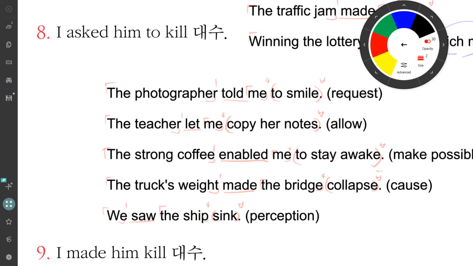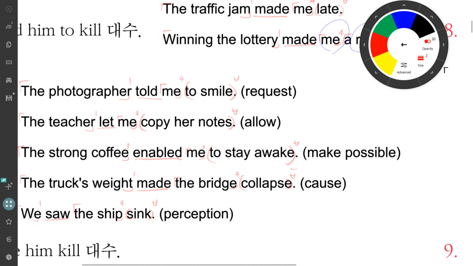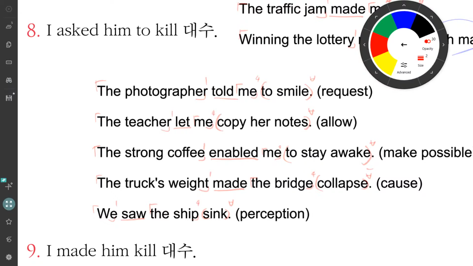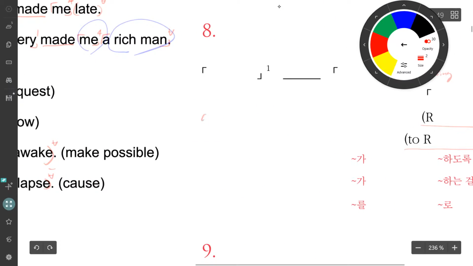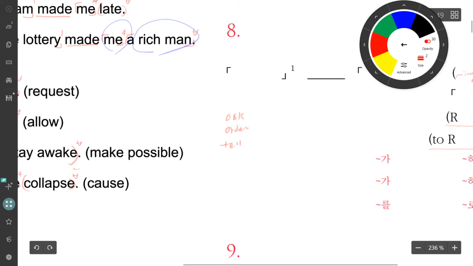When the complement for a type 5 sentence is an infinitive phrase or a bare infinitive phrase, the subject is doing one of four things. First, requesting an action from the object. For example, the verbs ask, order, tell. Second, allowing or making it possible for the object to perform an action.